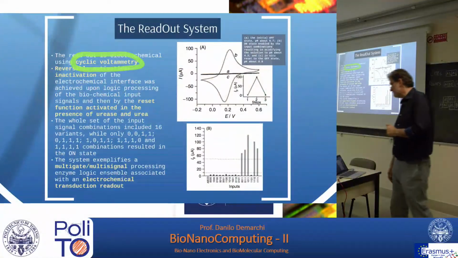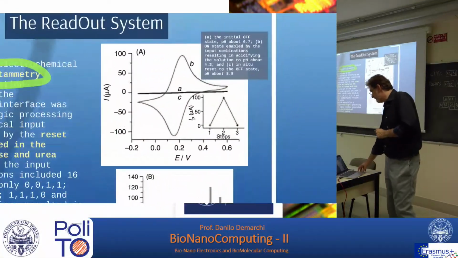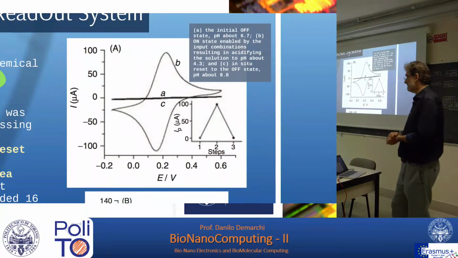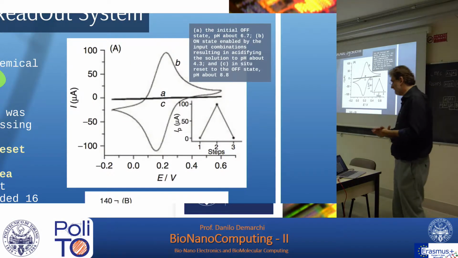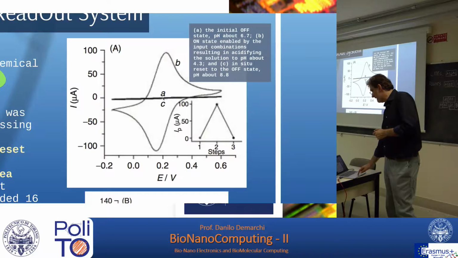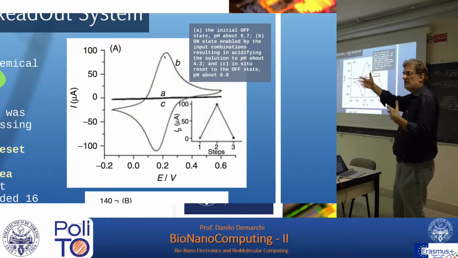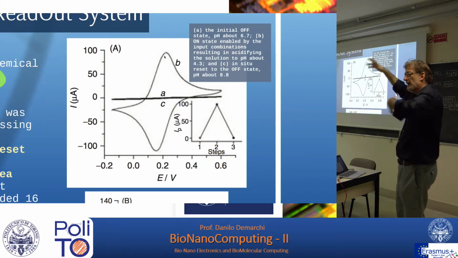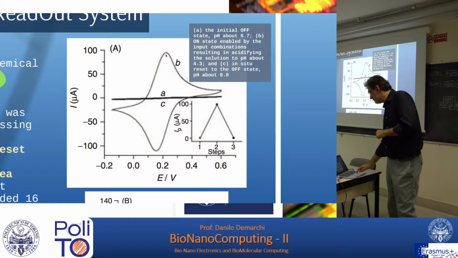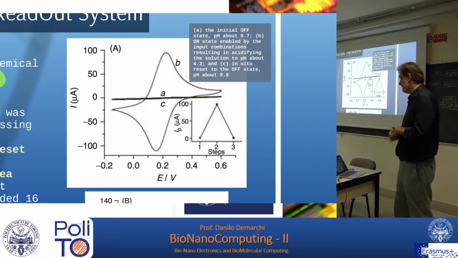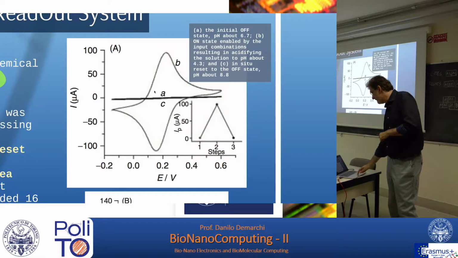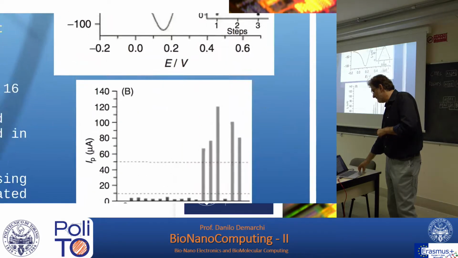I went through it shortly, because I want to see what these guys did in this experiment. They did the voltammetry, and you see that only if I have a final AND, so I reach a 1 at the end of my combinational network, I have a peak of current. Else, in other cases, with A, so off state, no input, or a 0 out, I don't have any current.